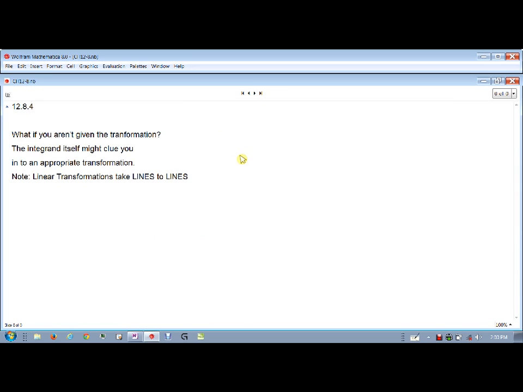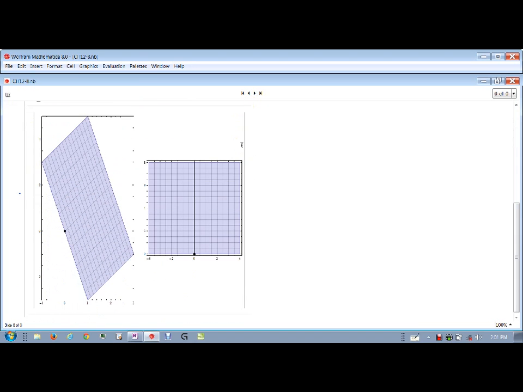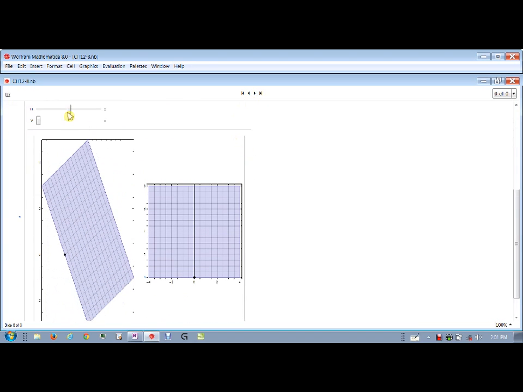So if you aren't given the transformation, the integrand itself, the thing you're trying to integrate, might clue you into an appropriate transformation. Remember that linear transformations take lines to lines. So back here, when we had this parallelogram, can you all see that point moving along there? Notice that that edge got taken to the bottom edge there.